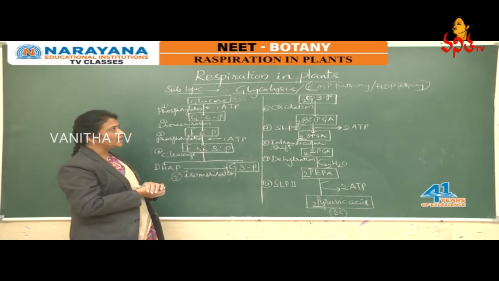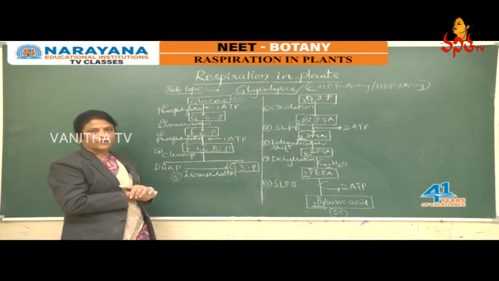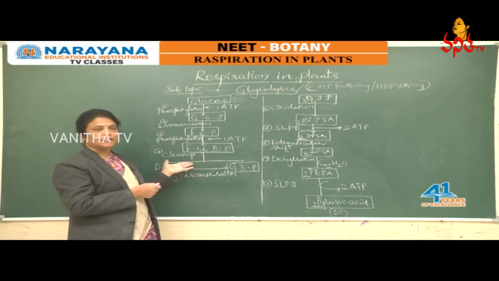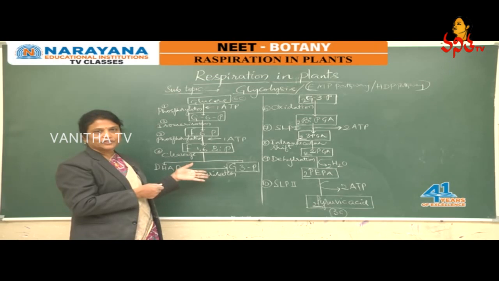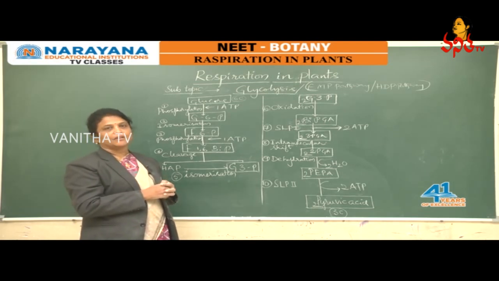So, regarding the glycolytic pathway, which is common for both anaerobic and aerobic respiration, there is no involvement of oxygen and it occurs independent of oxygen. So, glycolysis occurs either in the presence of oxygen during aerobic respiration, and also in the absence of oxygen, that is in anaerobic respiration. So, glycolysis occurs independent of oxygen.